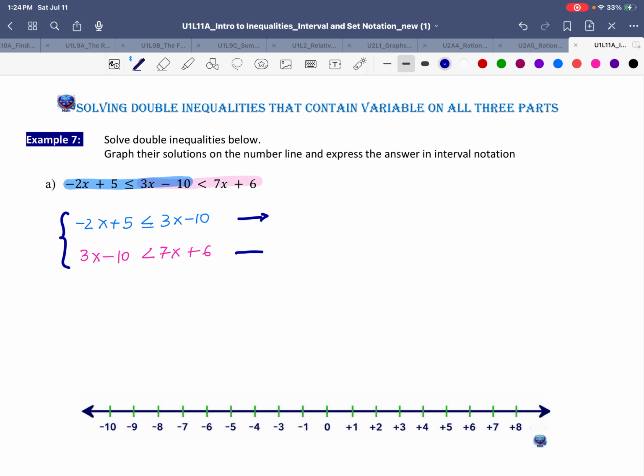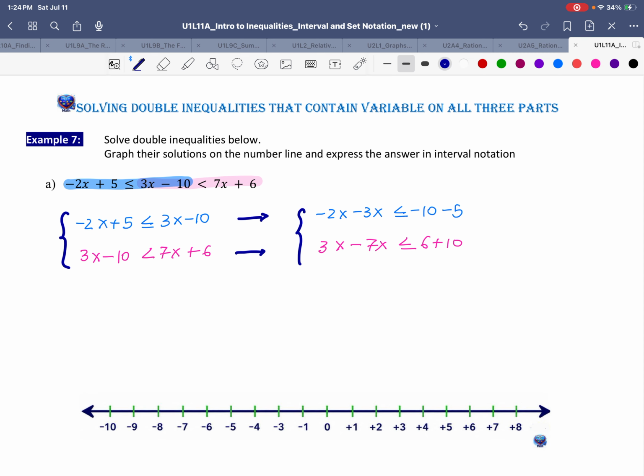There is nothing new in this step. So we will simplify. These are simple linear inequalities. So negative 2x minus 3x less than or equal to negative 10 minus 5. I'm following the steps very slowly. You can do this in one step, obviously. And the next inequality is 3x minus 7x less than or equal to 6 plus 10.